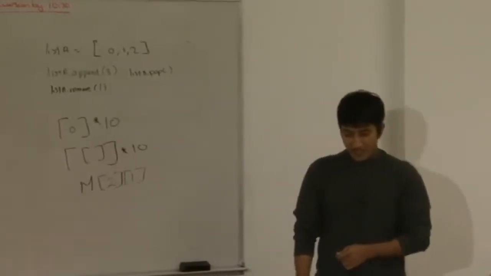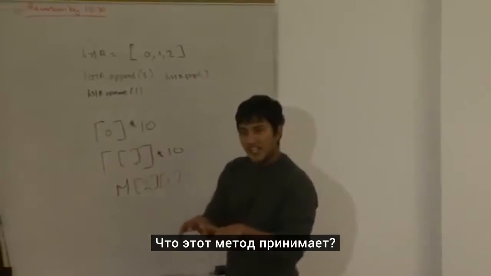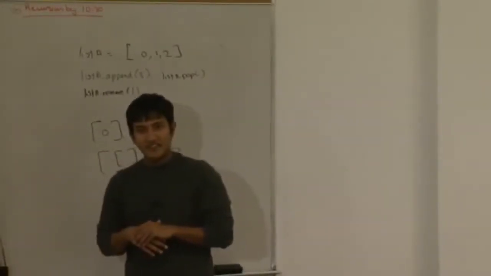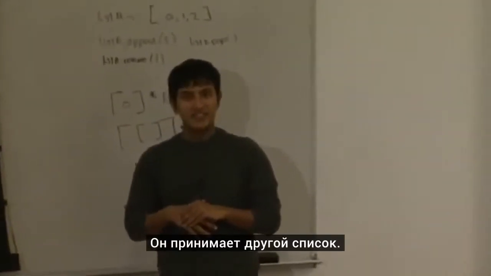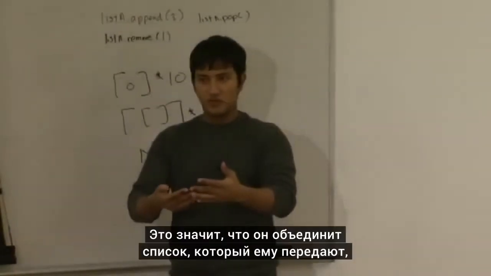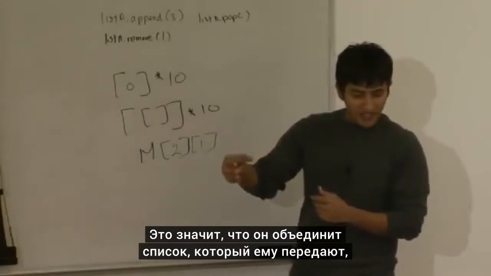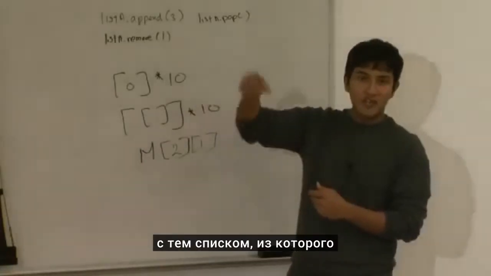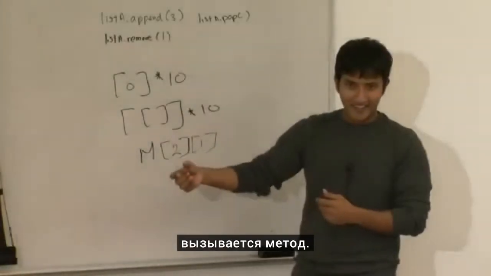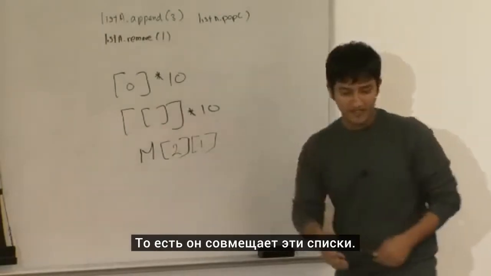Okay. What does that method take? It takes another list. So it's going to merge the list you are passing with the list you are calling the method on, that is LA, right? So it's going to combine the results.